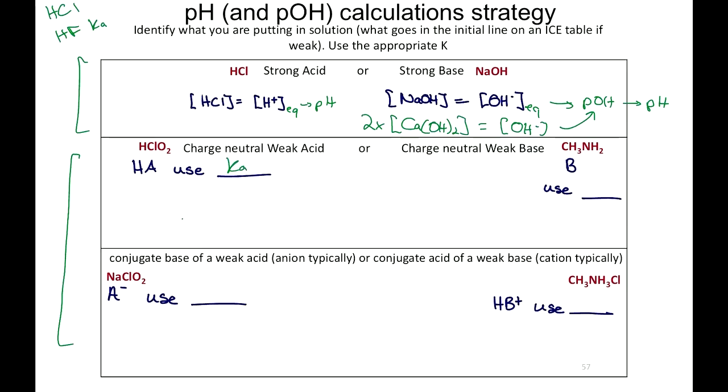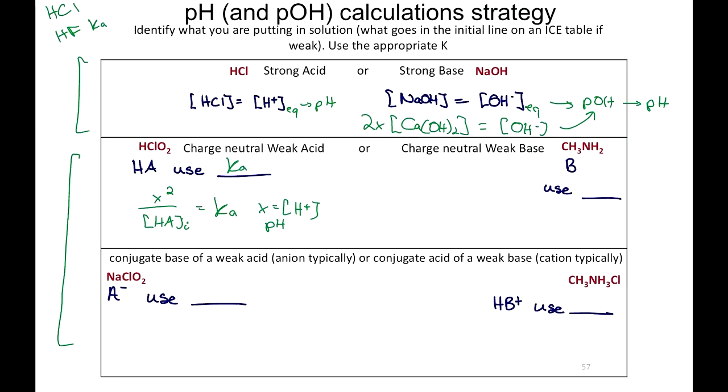So if you put an acid into solution, use the Ka value. If you go ahead and do the pH calculation in the ICE table, it's going to be x squared over initial concentration of the acid that's given equals Ka, where x is equal to H plus concentration. So you can go ahead and calculate pH from there.